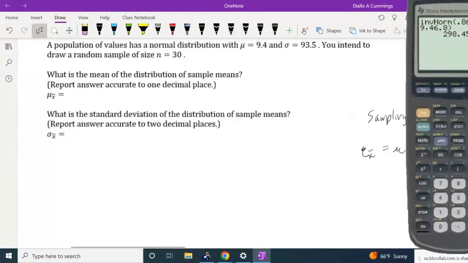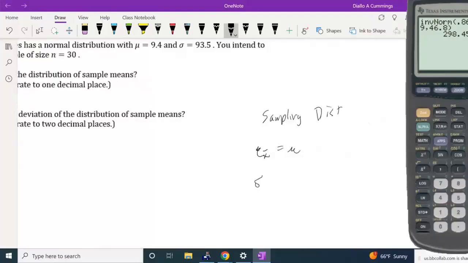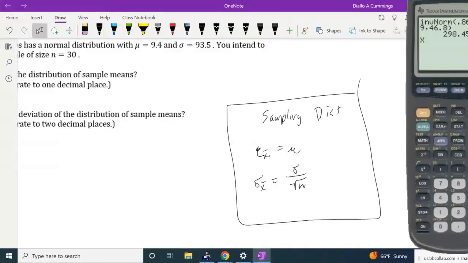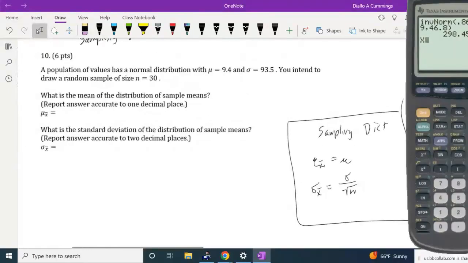They give it to us in the problem, but they're also giving it to us in the notation. The standard deviation of a sampling distribution is equal to the standard deviation of your normal distribution divided by the square root of n. n would be 30.